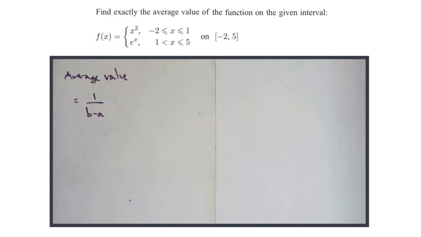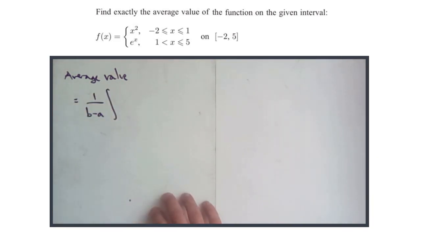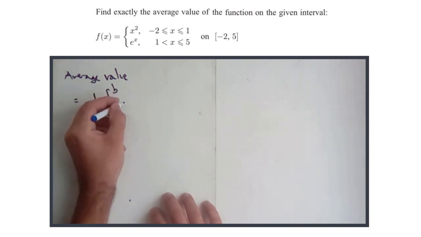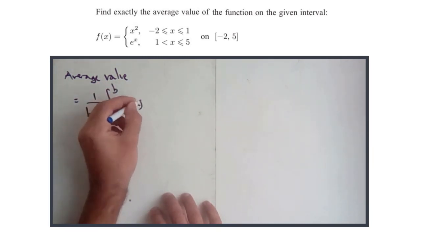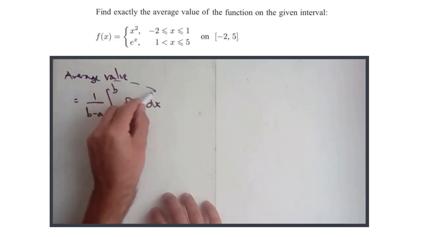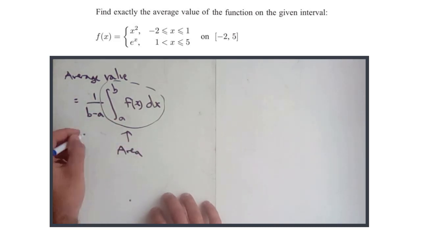So our b is going to be 5 and the a is going to be -2, times the integral between a and b of f of x dx. If we think in terms of rectangles, this bit here is the area, and this bit here, 1 over b minus a, is the width. So this is 1 over the width.